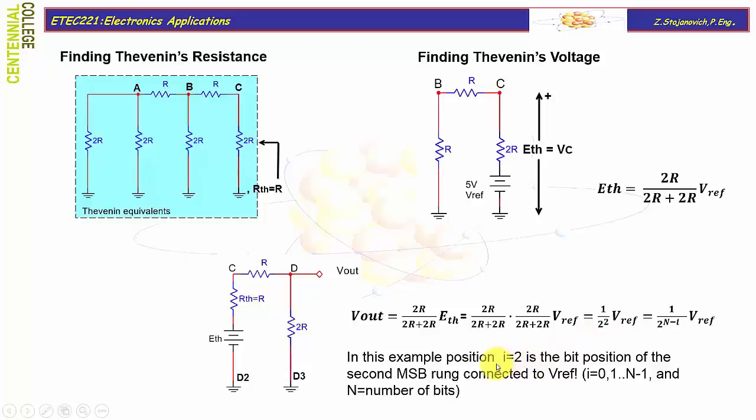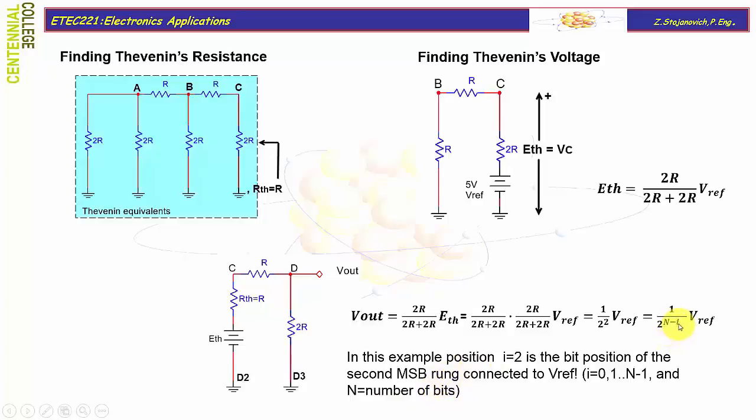Now, in this example, position I, which is number 2, is the bit position of the second most significant rung connected to Vref. So as you can see, I designate the bit position. It goes from 0 to n minus 1, where n is the total number of bits available, in this case 4.